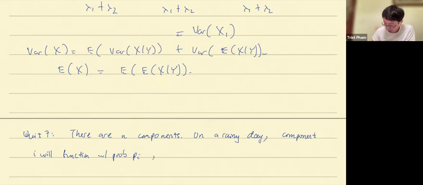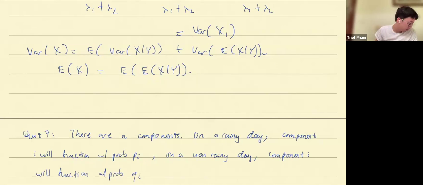On a non-rainy day, component i will function with probability q_i. Okay. i goes from 1 to n.